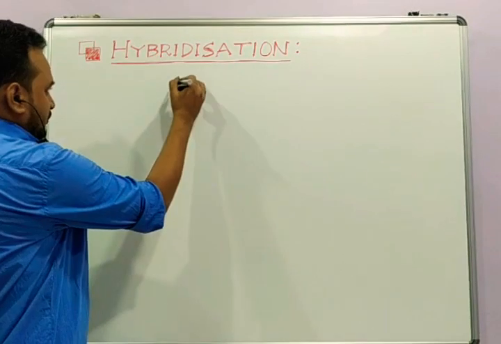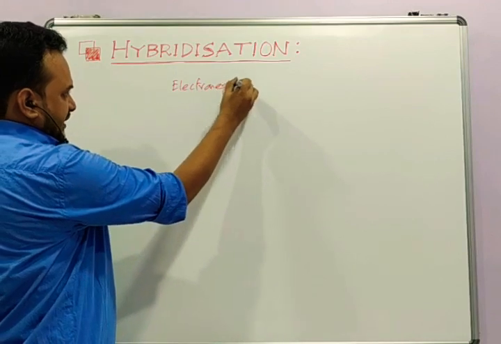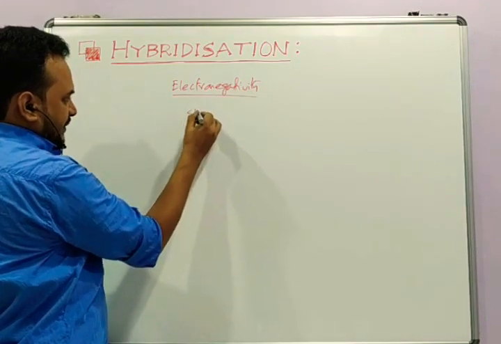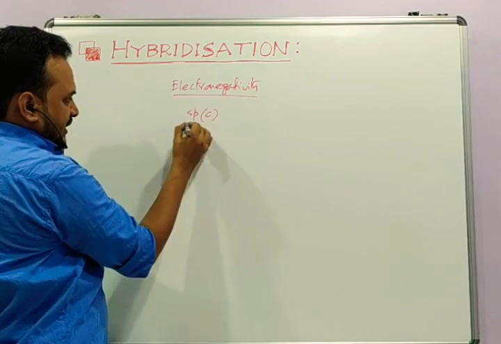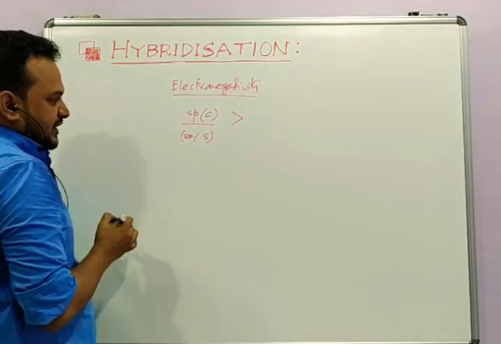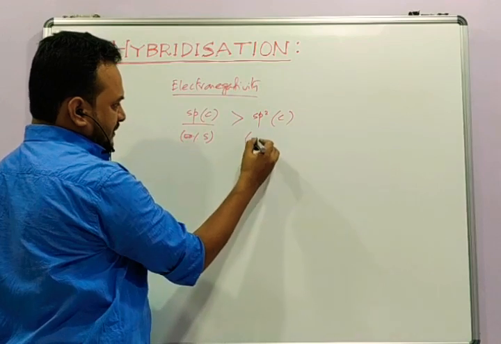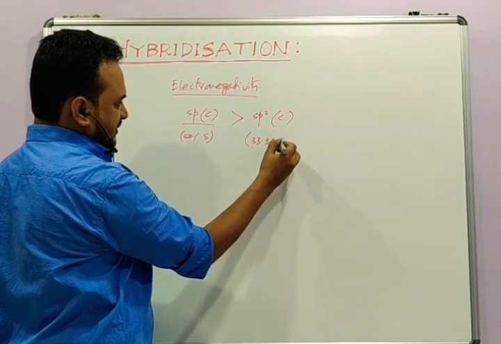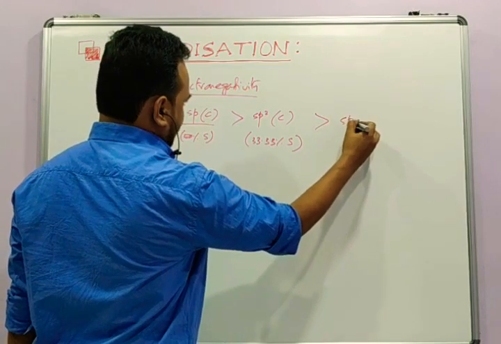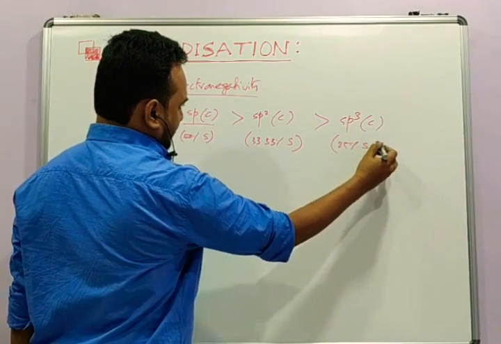So if you want the order of electronegativity, then sp hybridized carbon will have 50% s character, so that will be the most electronegative. Then sp2 hybridized carbon atom has only 33.33% of s character, that will be greater than sp3 carbon atom, that has only 25% s character.